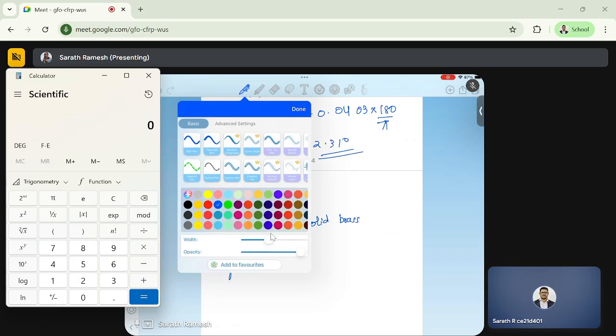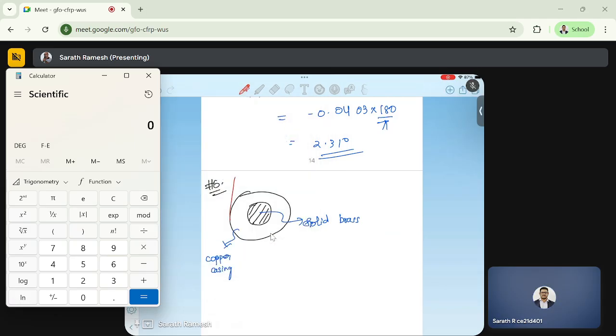This diameter is 20 mm. This diameter is 10 mm. And it's subjected to a uniform torque of 500 Newton meter.